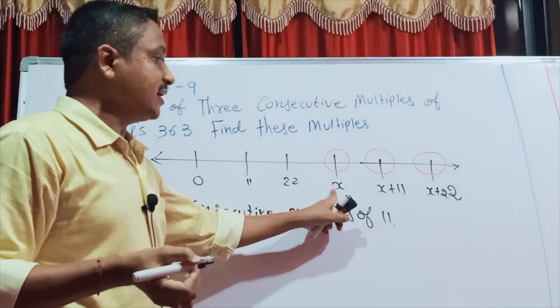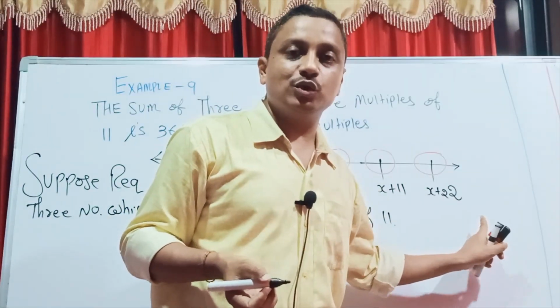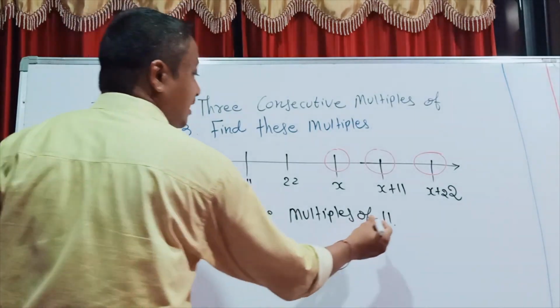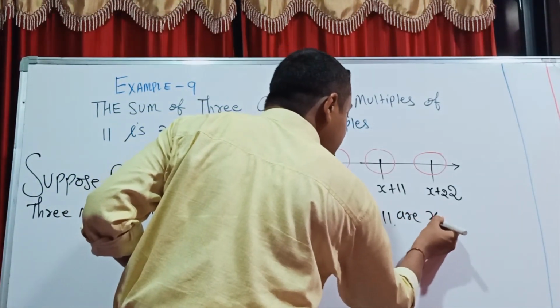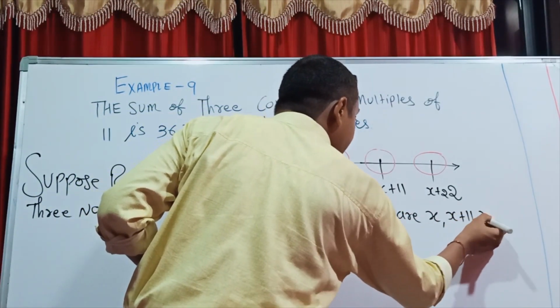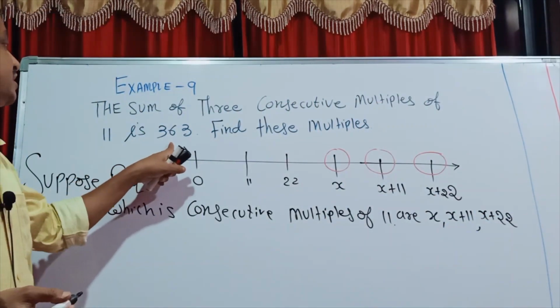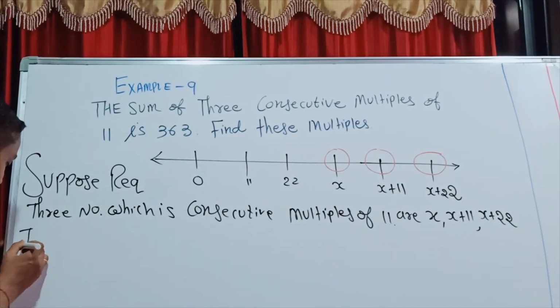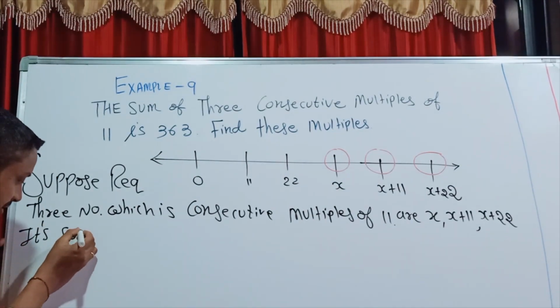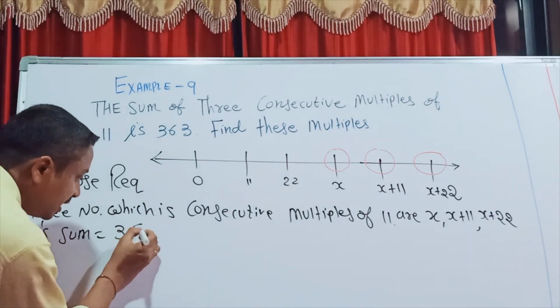The numbers I am taking are x, x plus 11 and x plus 22, students. Now it is very easy. Its summation is given as 363. So its summation I have given as 363.